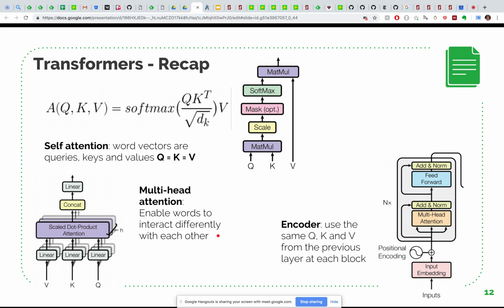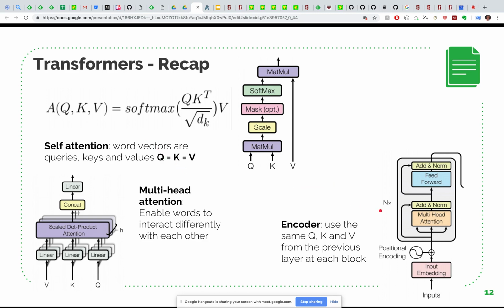Self-attention is a setup where all these are the same. We take the words in the sentence or text and make them attend to each other, which is why it's called self-attention. Because we want words to attend to each other in different ways, the paper introduced multi-head attention, which is several attention layers in parallel.